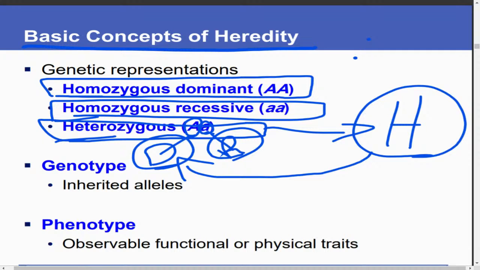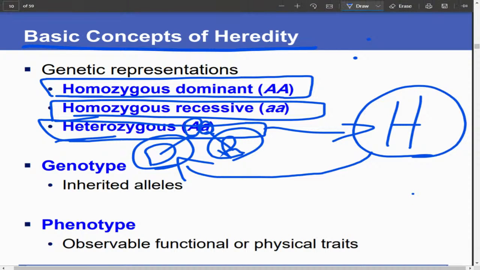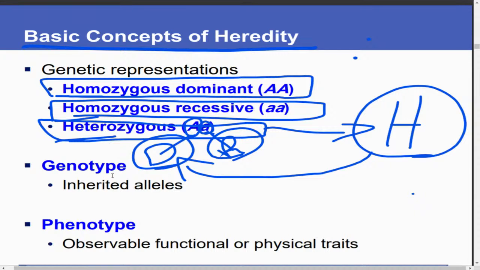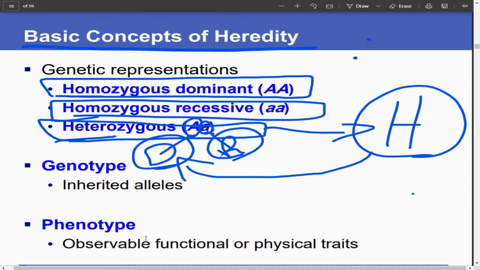Next, we will have the genotype here, the inherited alleles. Genotype is the inherited alleles, and the phenotype is the observable, functional, or physical traits.